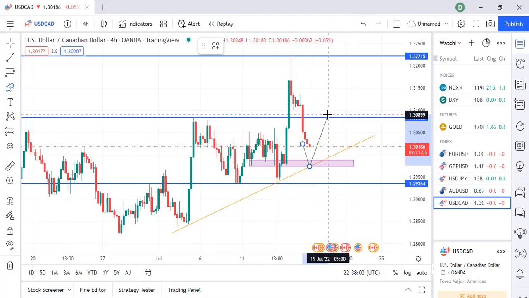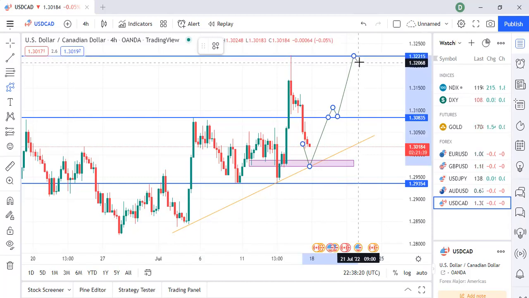This will be my first target, and then maybe some pullback, and then I'll take my second target over here.